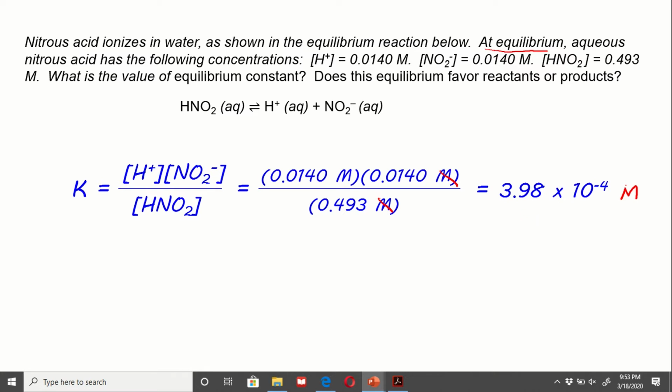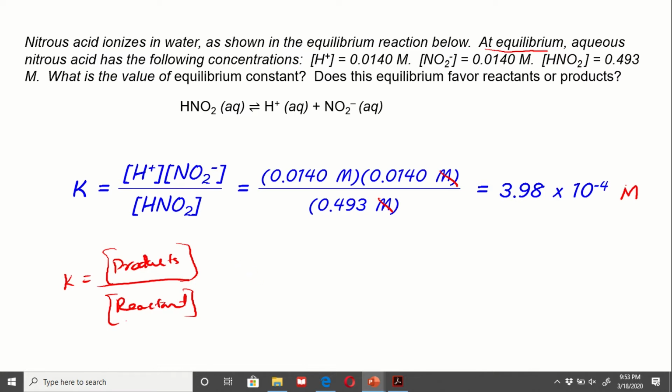What does that mean? When we write the equilibrium expression, this is product concentration divided by the reactant concentration. So what kind of situation will give you a number smaller than 1?